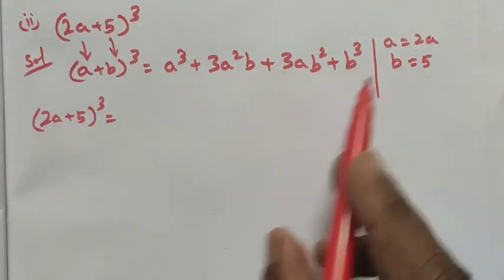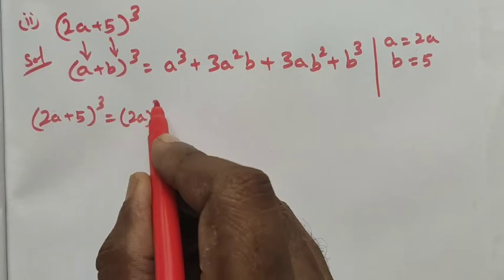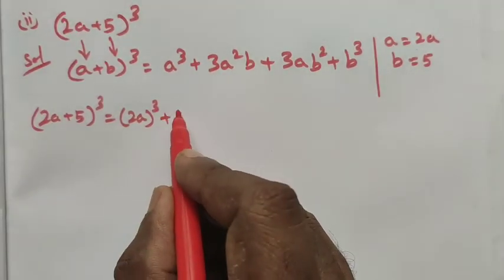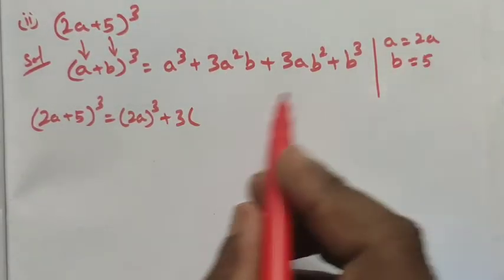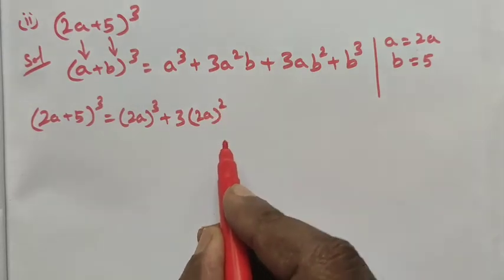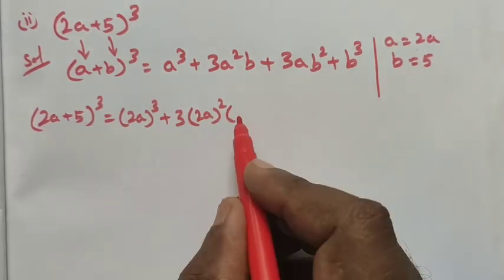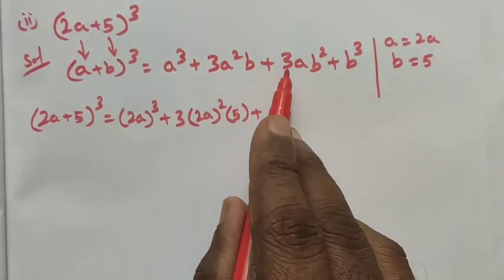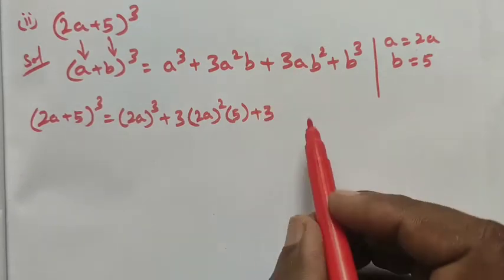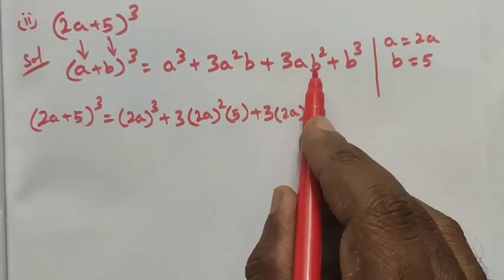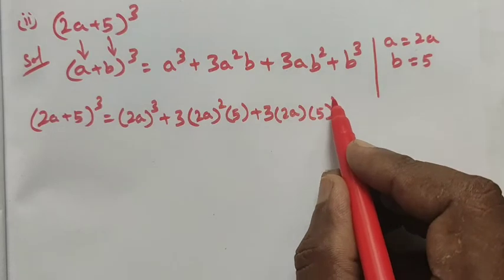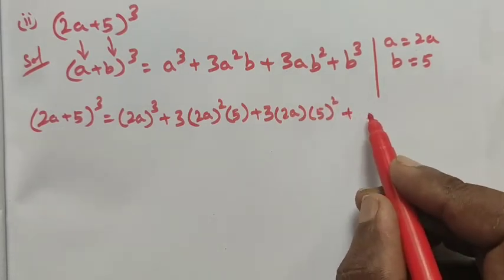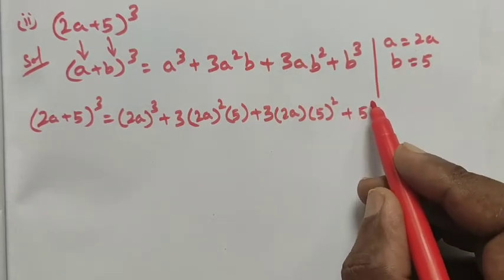a is nothing but (2a) whole cube plus 3 into a is nothing but (2a) whole square and b value is 5, plus 3 into a value is 2a and then b value is 5 whole square, plus again b is 5 cube.